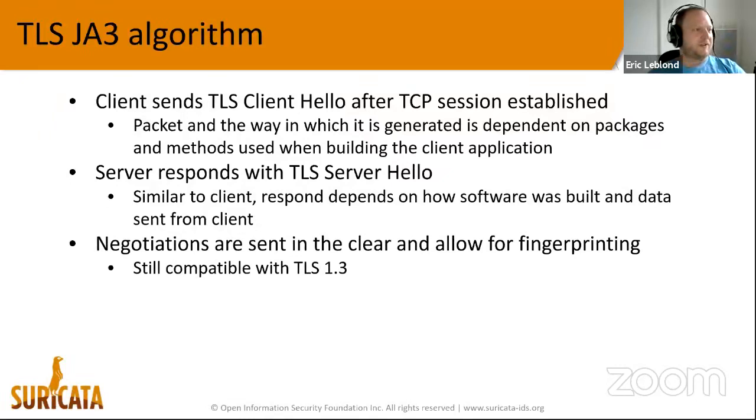What they saw is that the negotiation at the beginning starts with a client message, and this client message has some characteristics, and if you take them, it's really possible to detect and identify the implementation. There's always a little difference, and this little difference can be seen in the certificate.